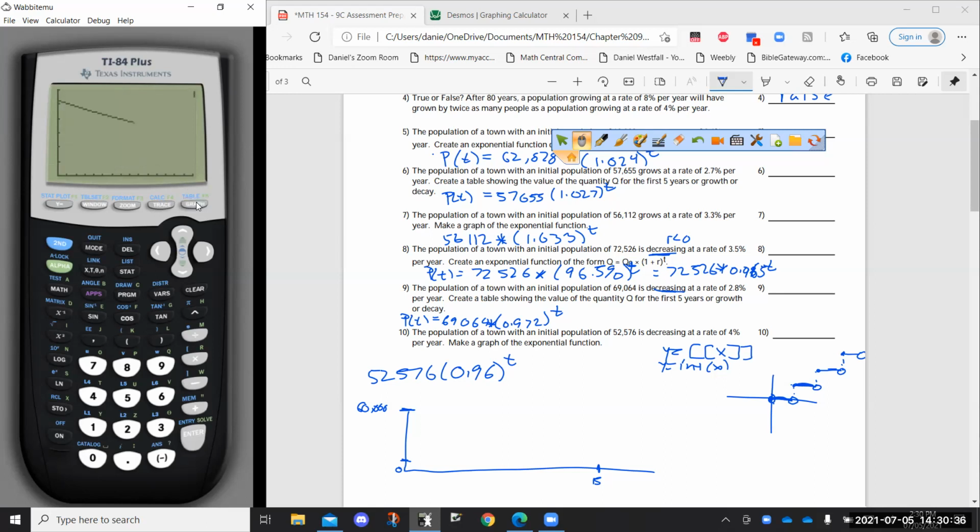There we go. You can kind of, because I went out further here, see more of that shape of it bending. If I went out to 25 years instead, you'd see even more of it.